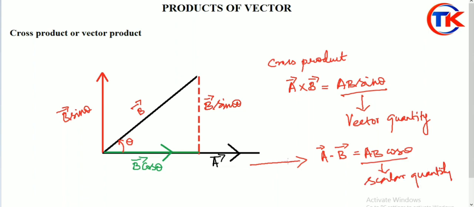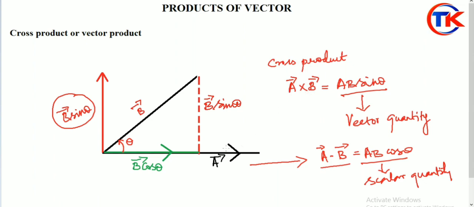The answer is in number, magnitude alone. Because we want to get the resultant in the same direction, we concentrate only on magnitude, not direction. If we want to get a resultant with direction, we have to take the product of B sin theta and the A vector. Just as there is a general structure to express a dot product, A dot B, we express the cross product in this way, A vector cross B vector.